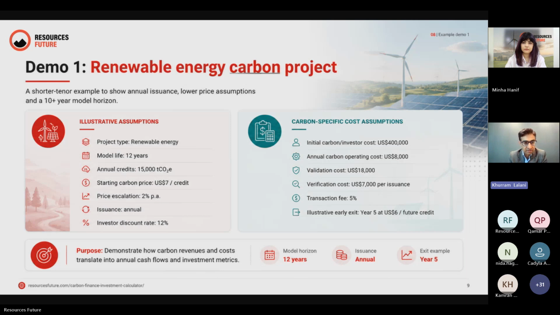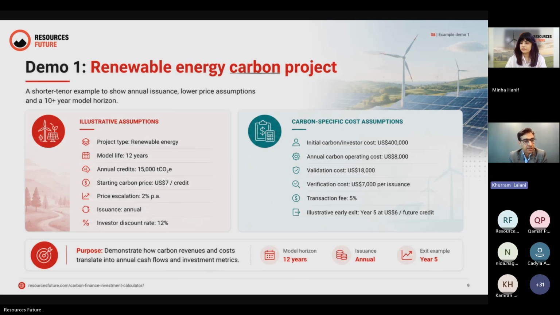This is hypothetical, purely assumptions based, but the idea is just to showcase how the tool works. So we input the model life as 12 years, annual credits of 15,000, a starting carbon price of $7 per credit, and a price escalation of around 2%.